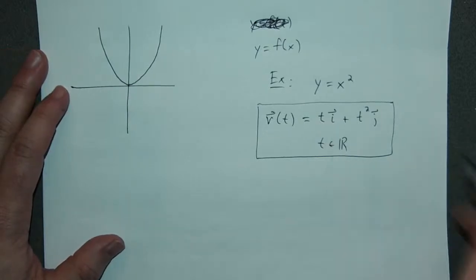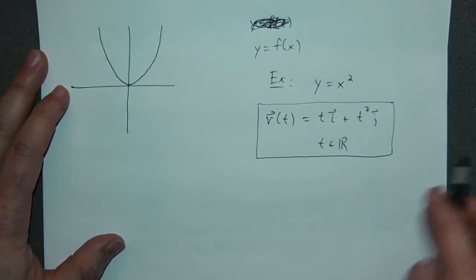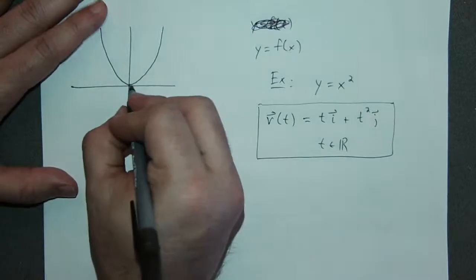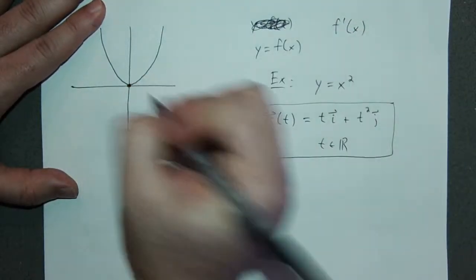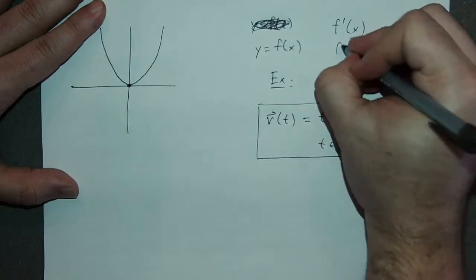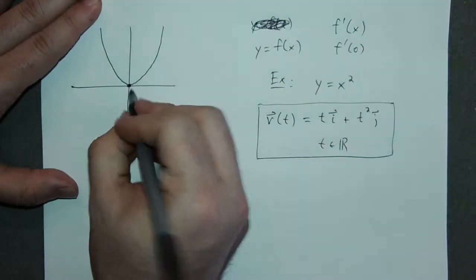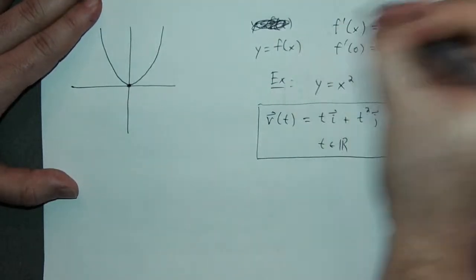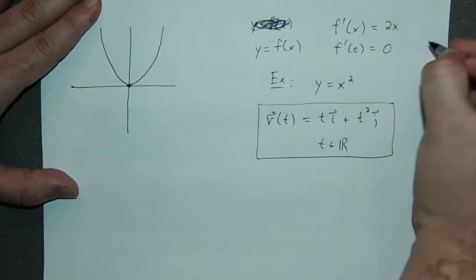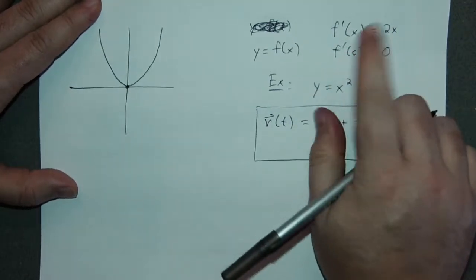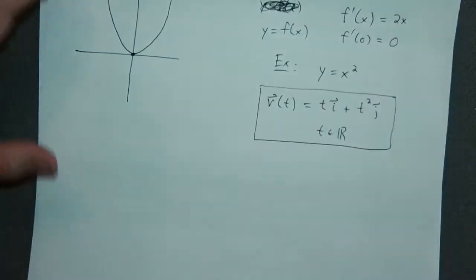And so here's the thing. I know that if I take f prime of x and I want to know what is going on at f prime of 0, well, we know that f prime of x is 2x. F prime of 0 then is 2 times 0, so it's just 0. So I know my derivative is 0 here, and I know that just from looking at it.